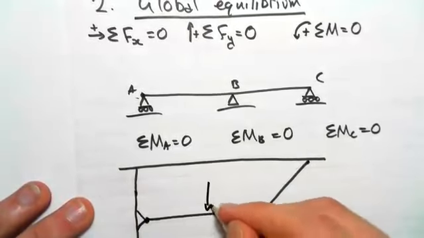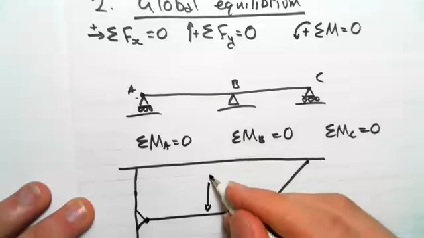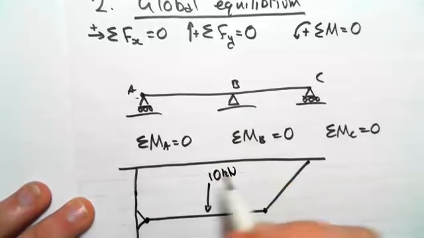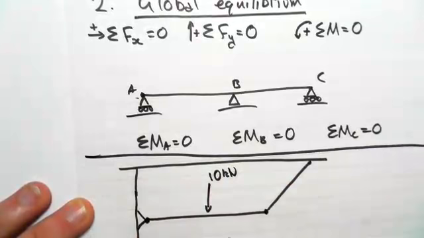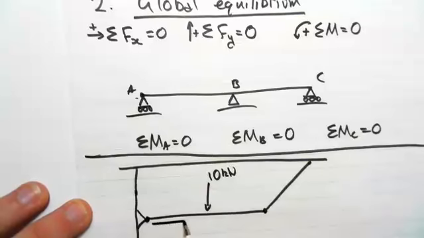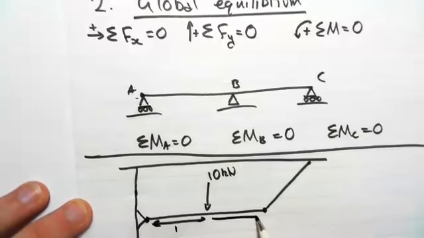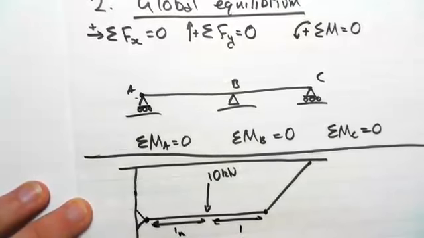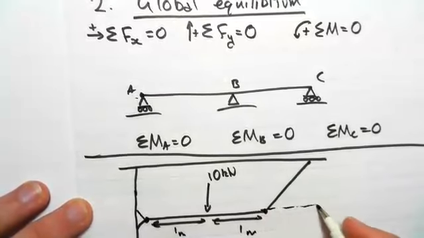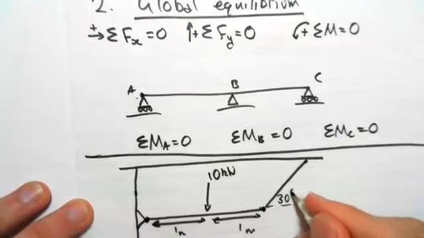We also have, let's say, a force that acts in the middle. I'm going to say 10 kilonewtons. I'll label the distances: that's 1, that's 1. And that can be 30 degrees.